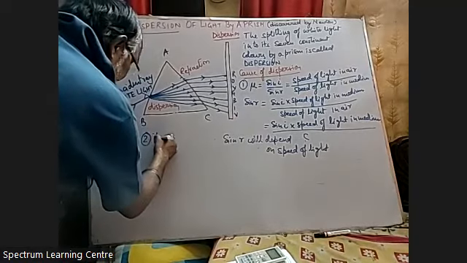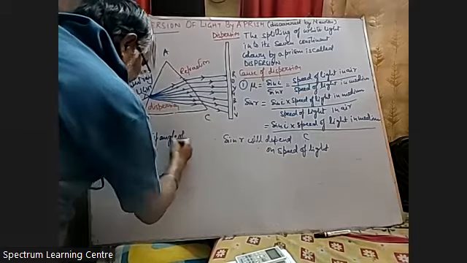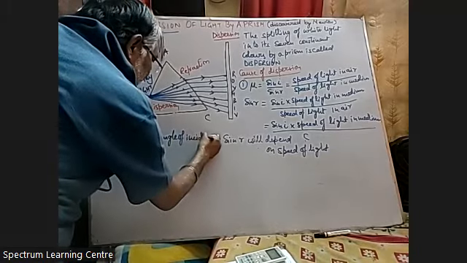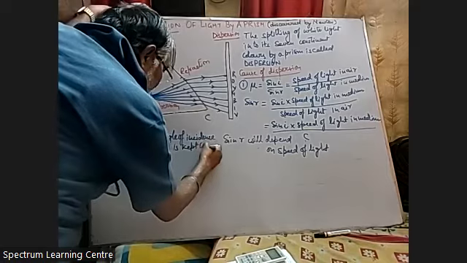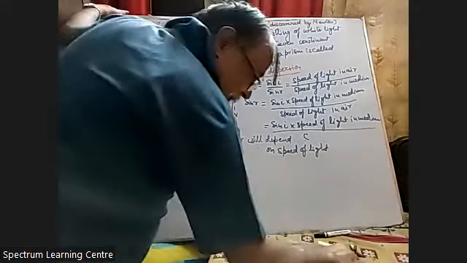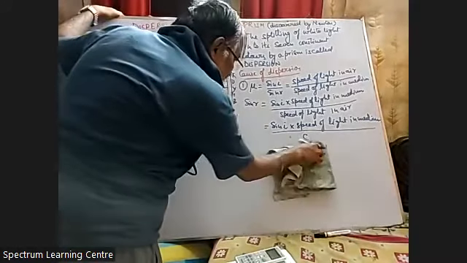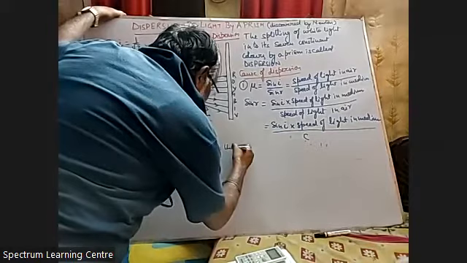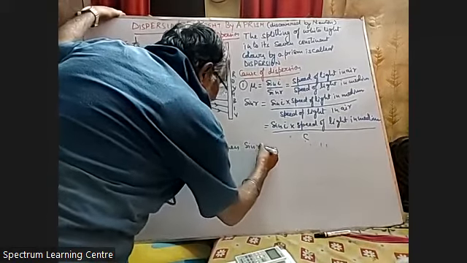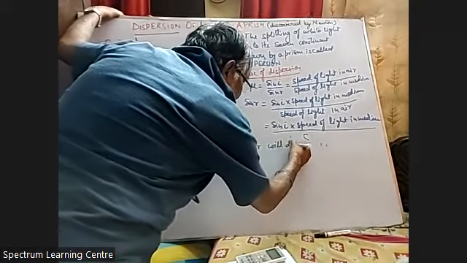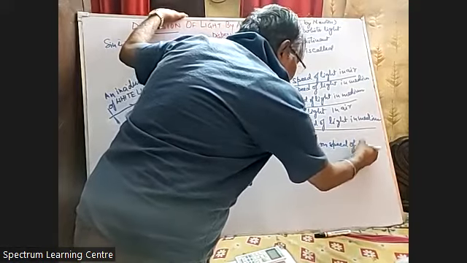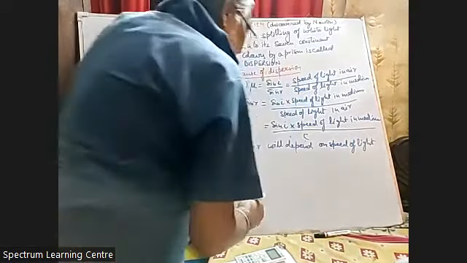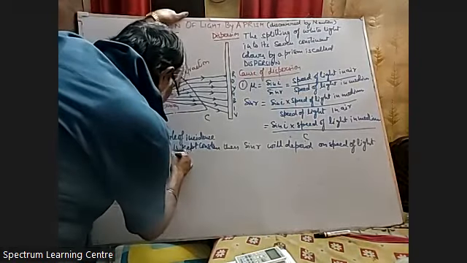If angle of incidence is kept constant, then sin R will depend on speed of light in medium.